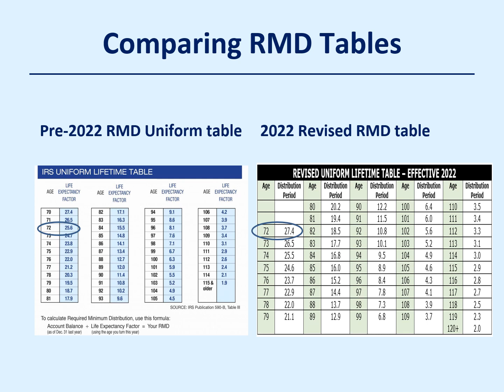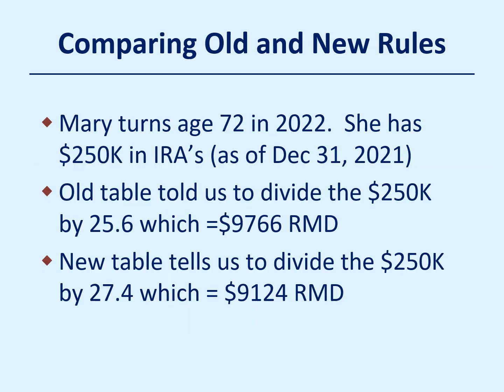If you look at the chart of where it was before, that 27.4 was the equivalent of age 70 under the old rules, wasn't it? So that in essence has moved forward 2 years. That's really what we're seeing our charts do: the same divisor has been used, but 2 years later in life to reflect the fact that people are living longer, or at least life expectancies are longer.